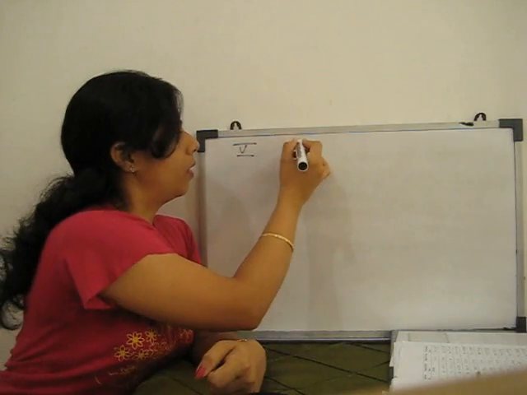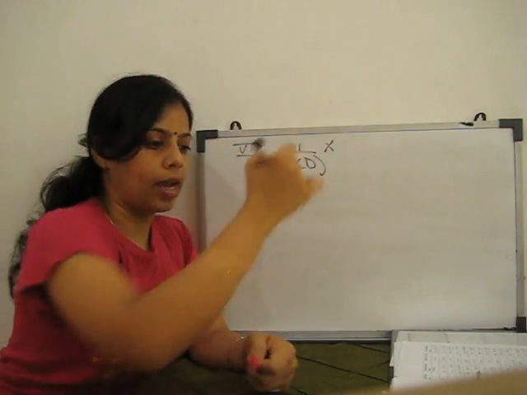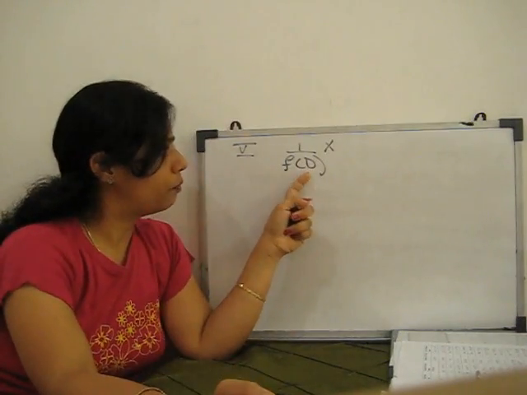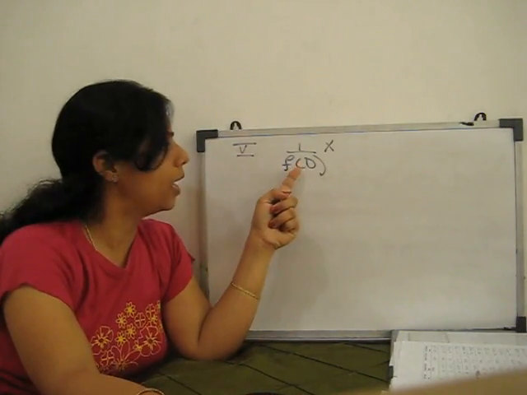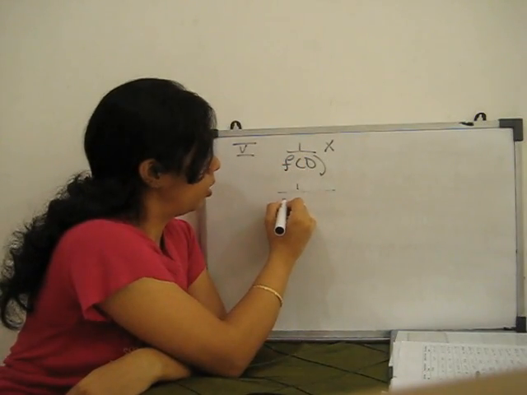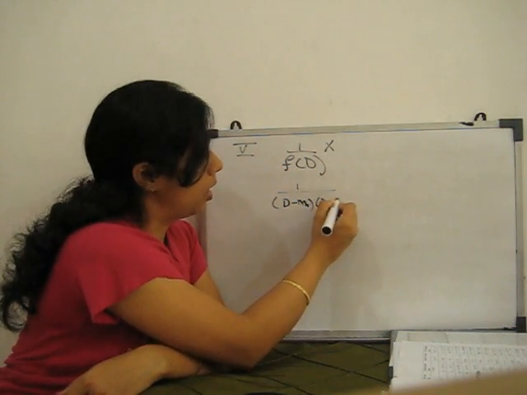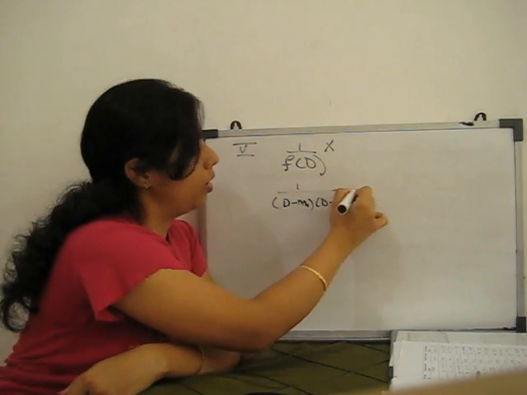If our function is 1 upon f(d) into X, then first we have to break d into all its factors. Our factors are 1 upon d minus m1, d minus m2 and so on.